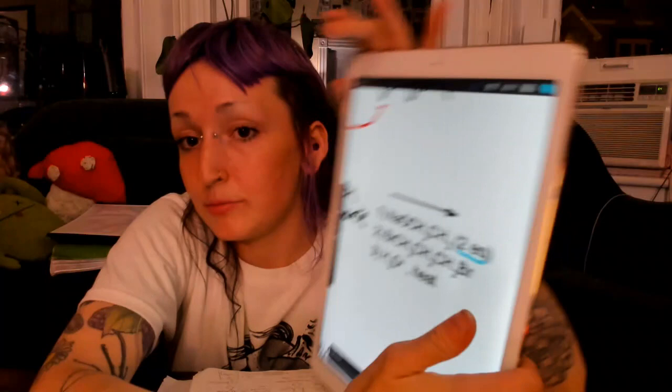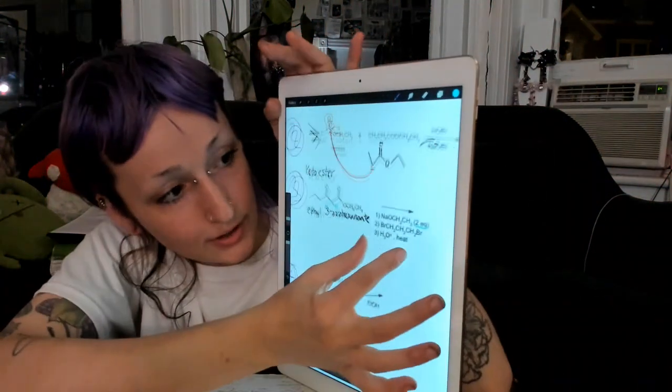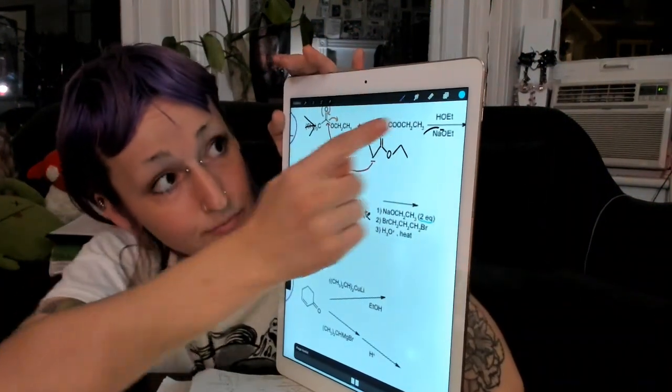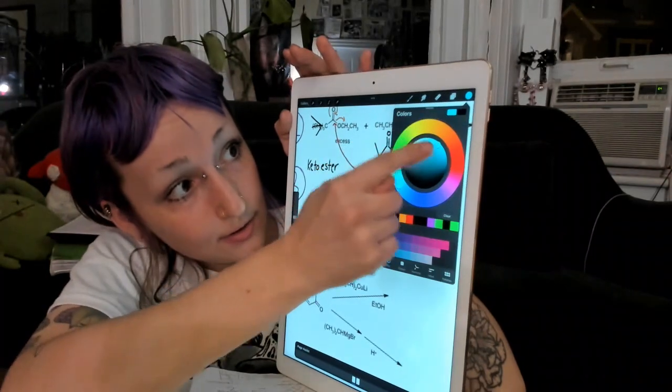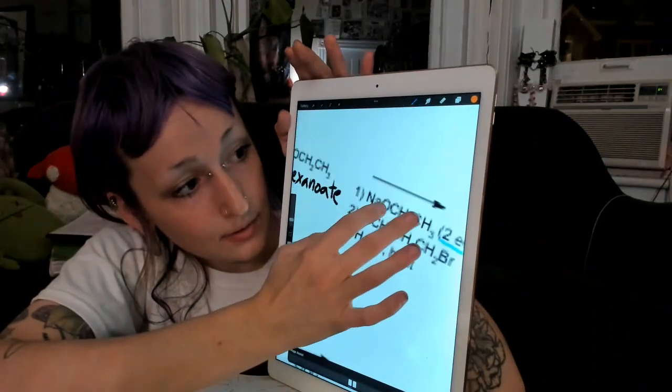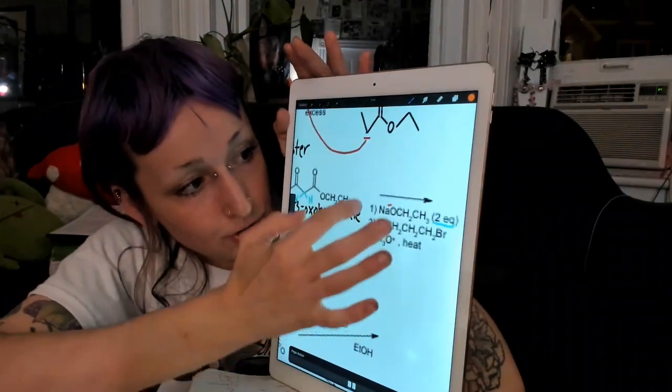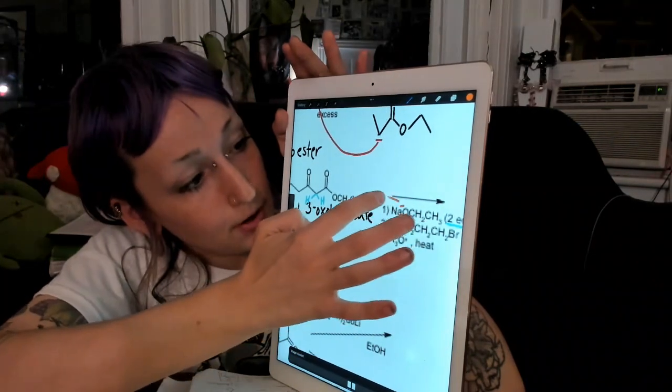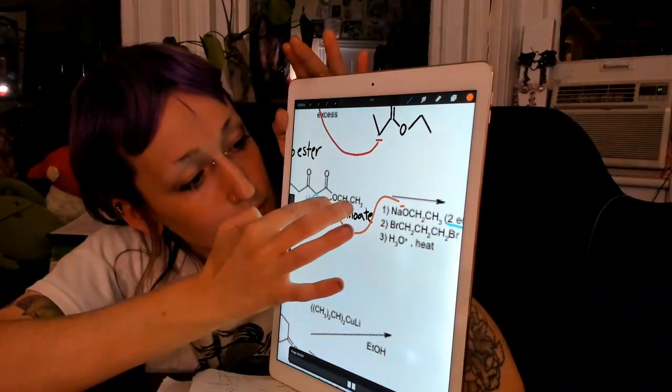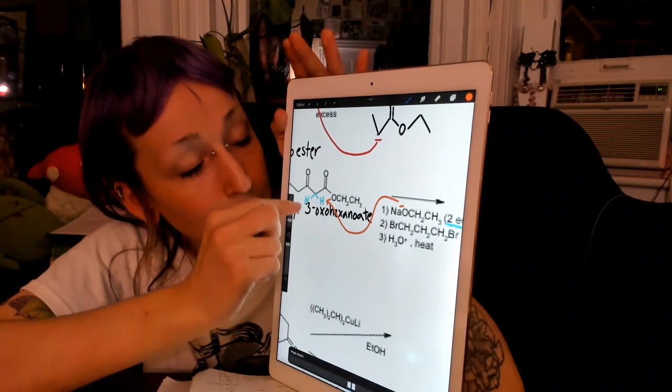So the first thing that I'm doing again, I'm going to take one of these. I'm going to take the negative charge of this oxygen, grab one of those hydrogens, and then draw the enolate that that's going to form.